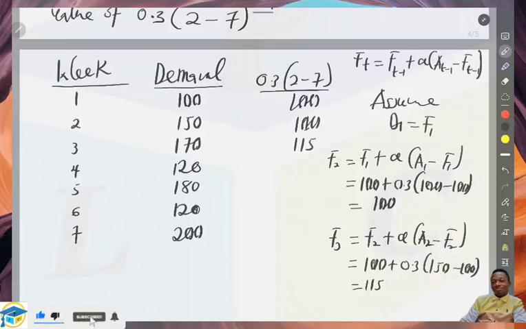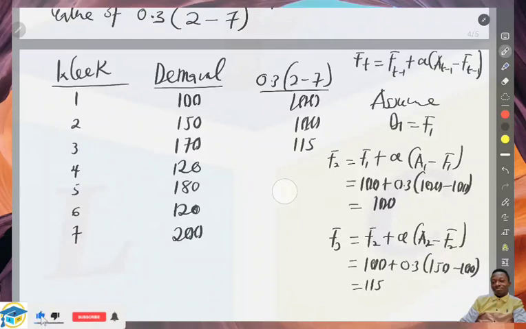So for us to get the week 4 forecast, that's going to be the week 3 forecast plus the exponential smoothing constant 0.3, times the difference between the actual for week 3 and the forecast for week 3. And we are good to go. For us to get week 5, it is the forecast for week 4 plus the exponential smoothing constant, multiplying the difference between the actual value for week 4 and the forecast for week 4.